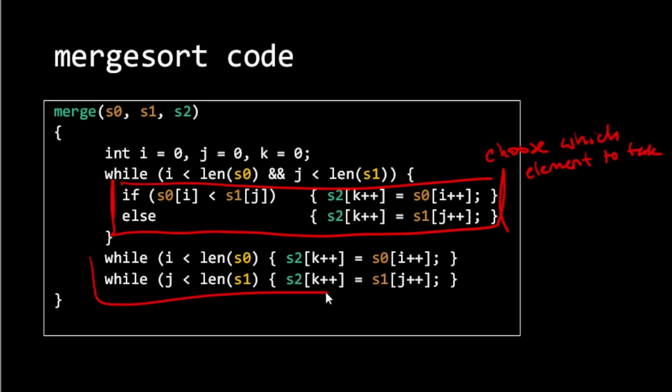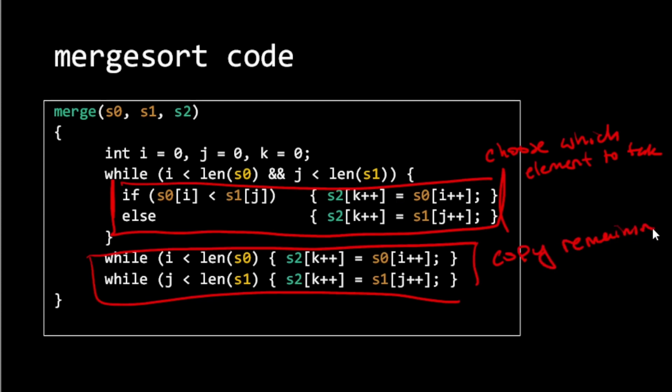And here's where we copy the remaining. Right? So copy the remaining elements. If there's still some i's left before length S0 is hit, then copy those over. If there's still some j left, then copy the j's over. Okay, so this is the merge routine, right? So this is a key component of the merge sort algorithm.